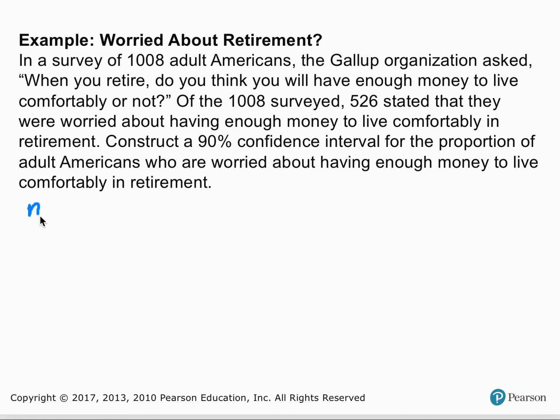So I need to know that n is less than or equal to 0.05 of the population. Well, the population is adult Americans, and so 1,008 is way less than 5% of adult Americans. So I need to know that n times p hat times 1 minus p hat is greater than or equal to 10, I better say.